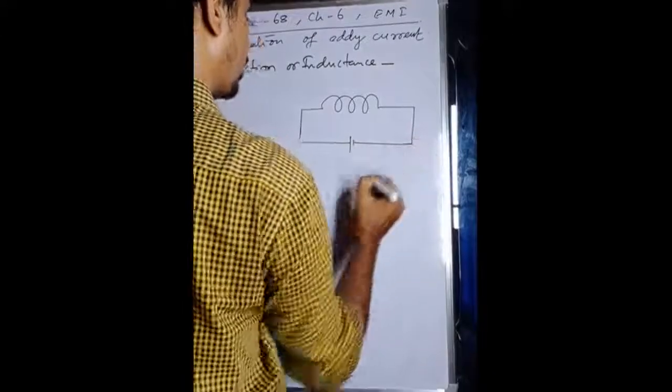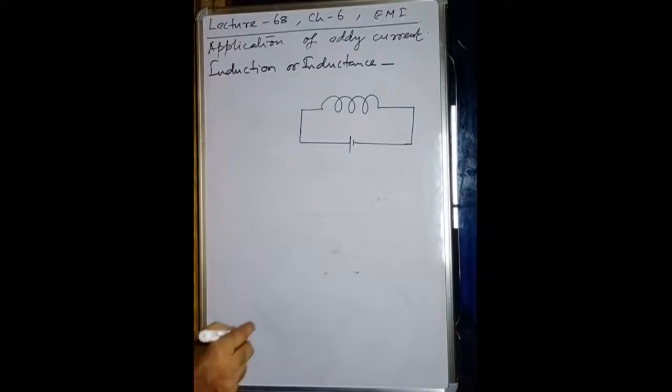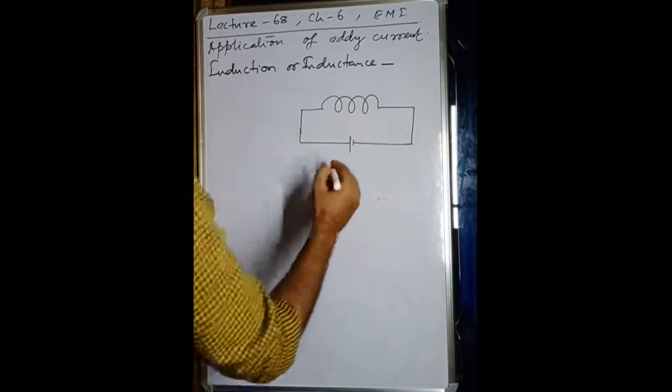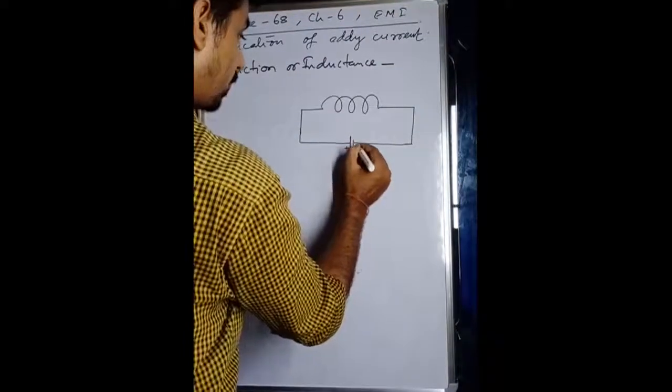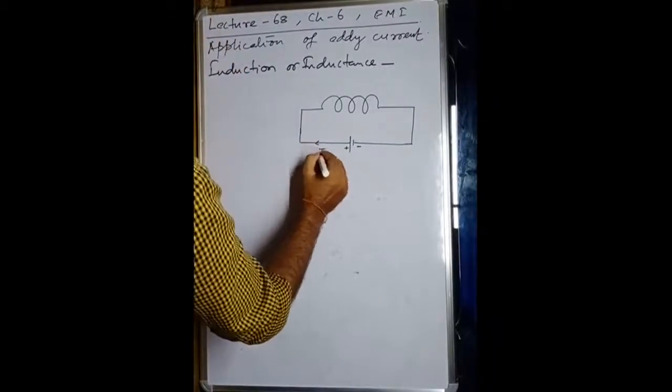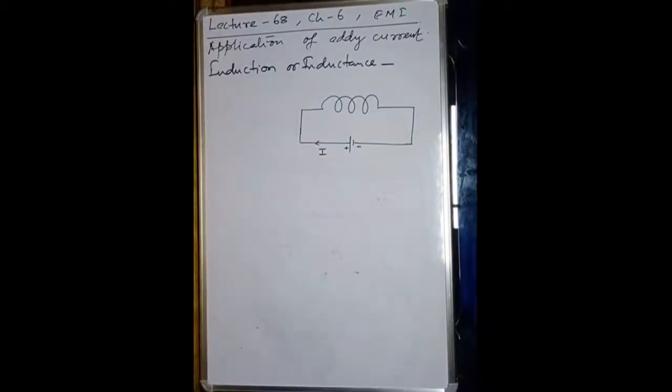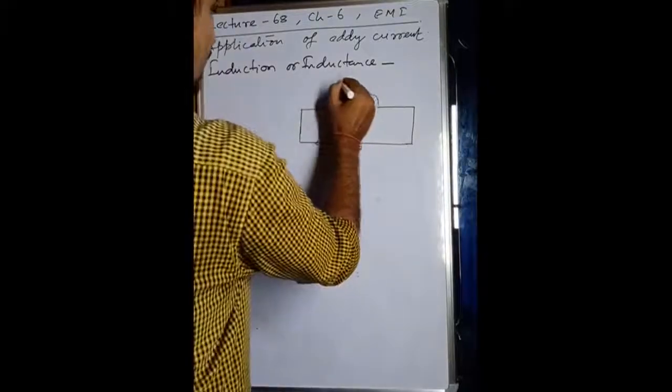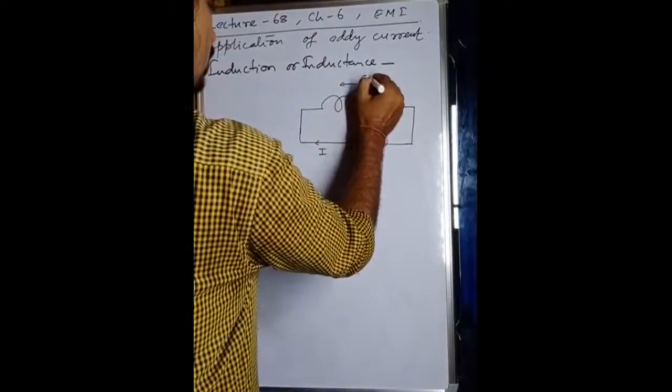One very important thing we discussed, my dear students, is that in a steady state the inductor behaves as an ordinary conductor. Bear that in mind. See the current I, it is increasing. Of course there will be a back EMF in this direction.